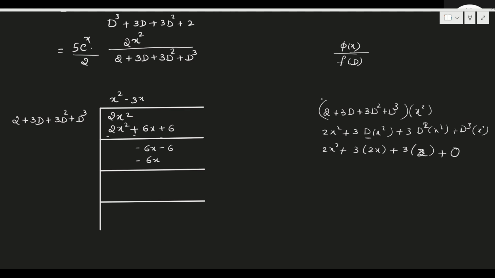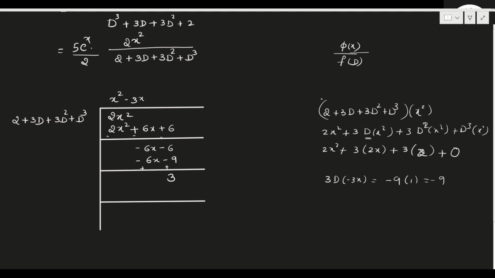So minus 6x, minus 3x, 3D of minus 3x is what? 3 into 3 is minus 9, differentiation of x is 1, so it is minus 9. Now add them. Minus 6x plus 6x cancels. Minus 6 plus 9 is plus 3.